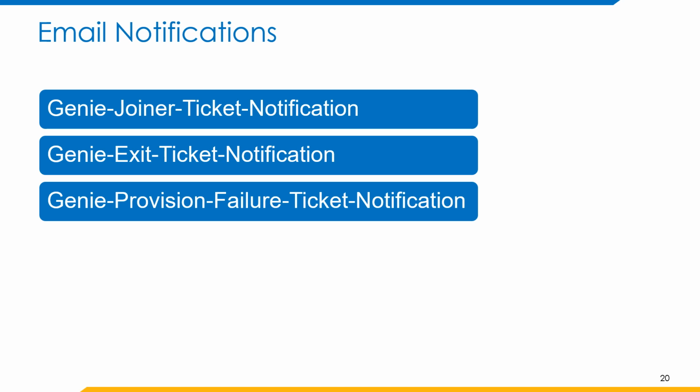This notification will be triggered when creation of exit ticket fails from SailPoint. Genie provisioning failure ticket notification. This email notification will be triggered when the creation of incident or provisioning failure ticket fails from SailPoint.